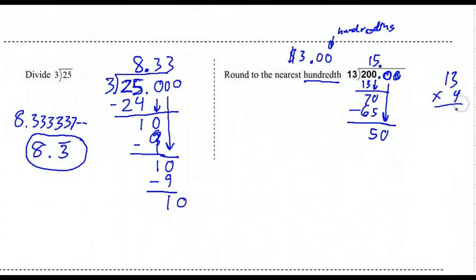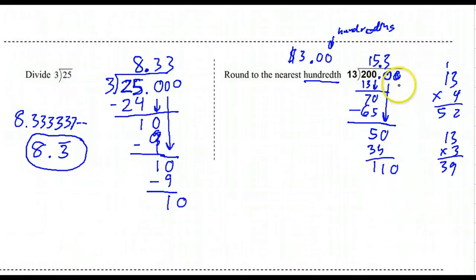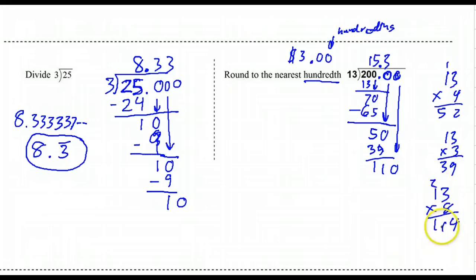We knew a 4. That's 52, so it has to be the 3, which gives us 39. It's 110. So again, we want to guess 13 times 8. 104, that's going to be close enough. 8, so we get 104. 6, and you just keep going.